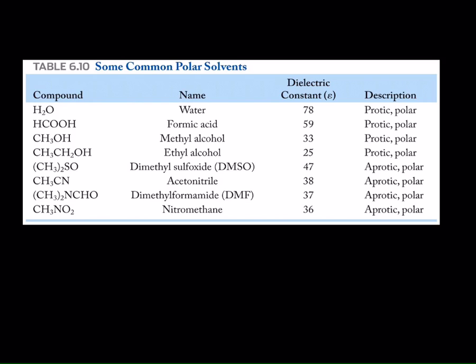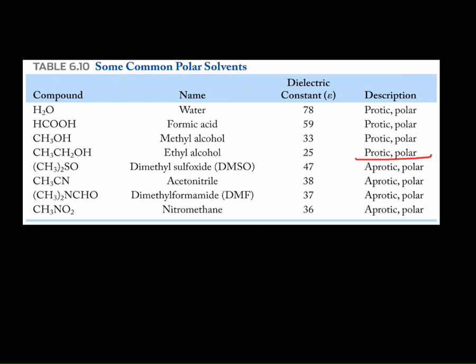These have very high dielectric constants, but if you notice on the far right hand side the description of them, water, formic acid, and alcohols all have hydrogen that can form hydrogen bonding, and therefore these are called polar protic solvents. But solvents like DMSO, DMF, acetonitrile are still very polar.